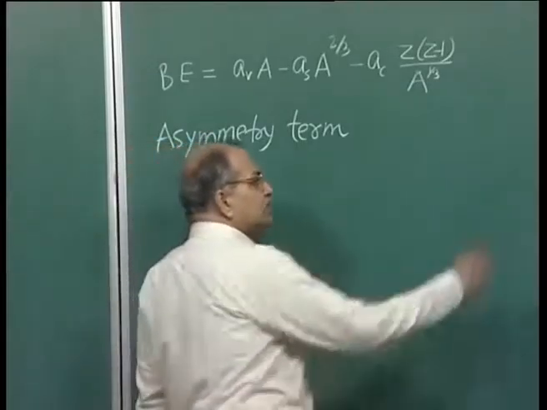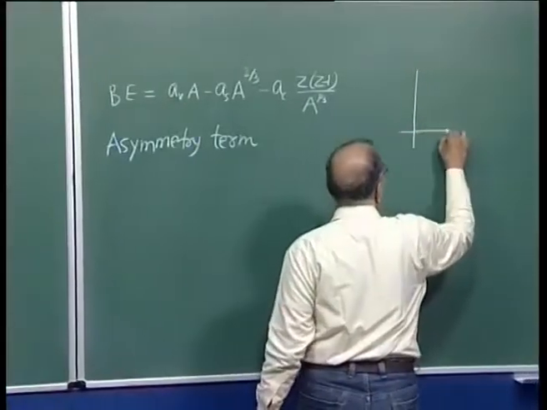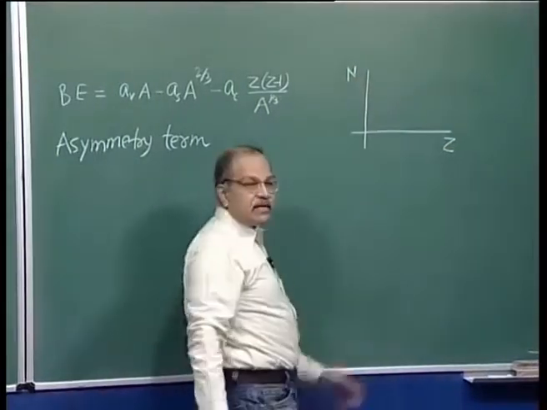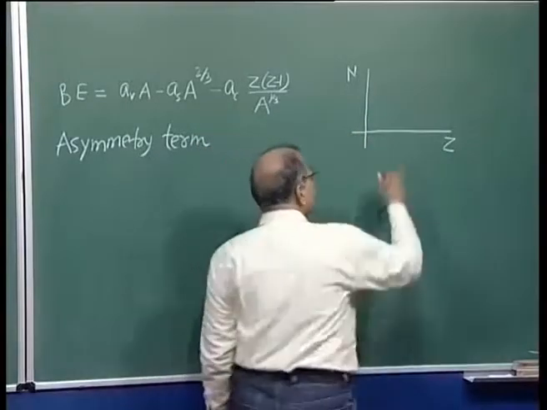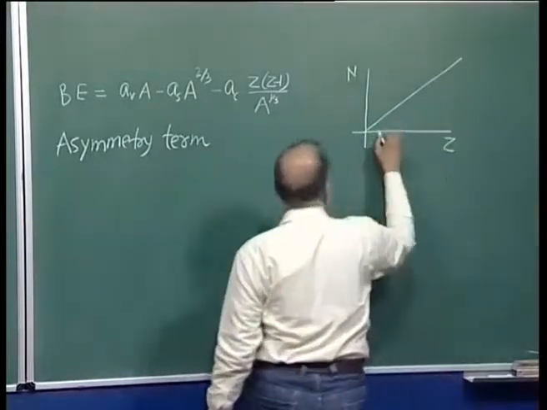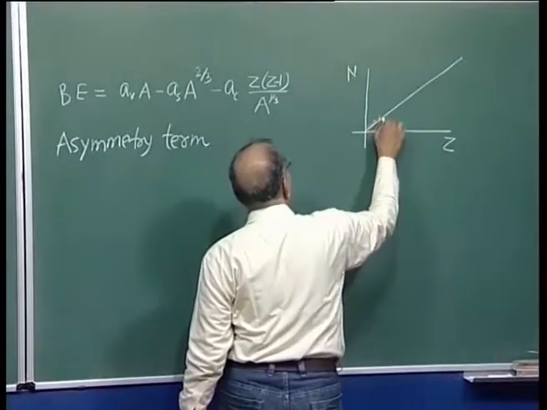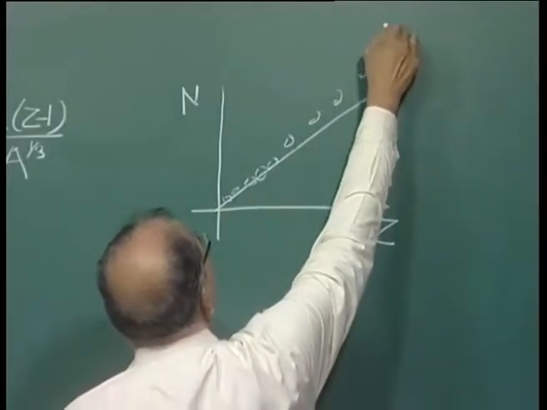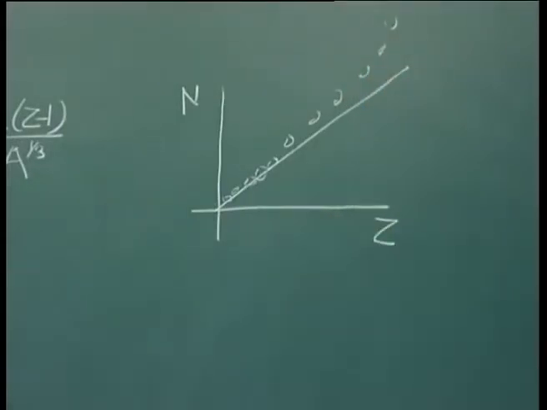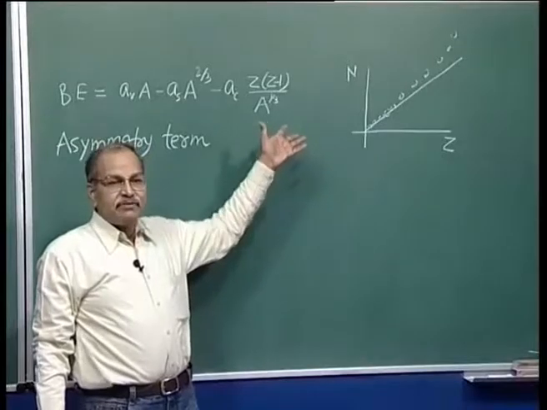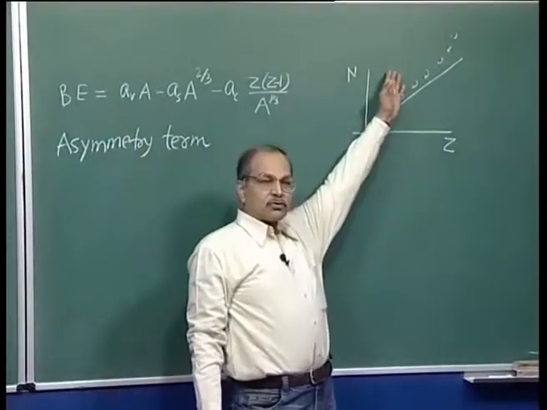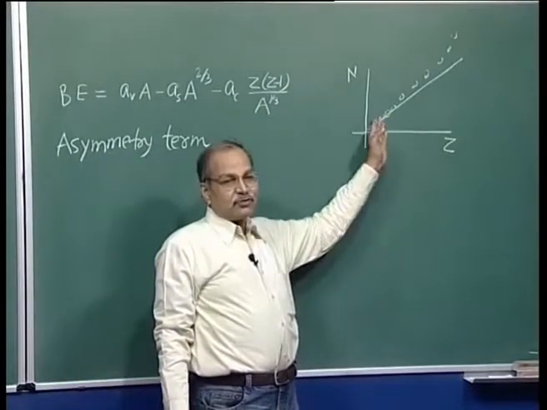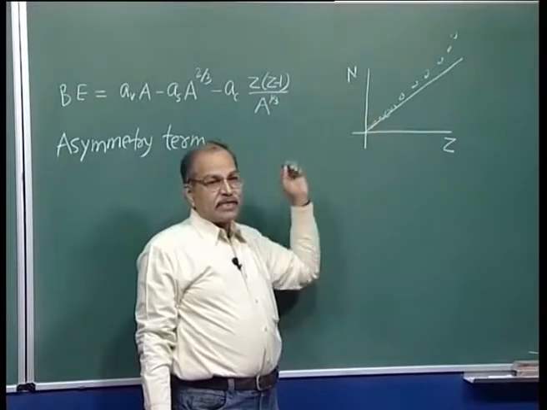If you remember that N versus Z diagram, if I have Z and N, stable nuclei and nuclei close to them are almost, at least for lighter nuclei, they are almost on this line, N equal to Z, and after that there is some deviation. Okay. So, why the deviation is there? In heavier nuclei you have more neutrons than protons. For lighter nuclei you have almost equal numbers of protons and neutrons.